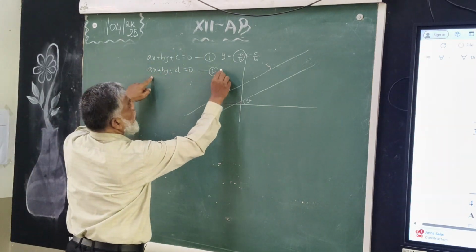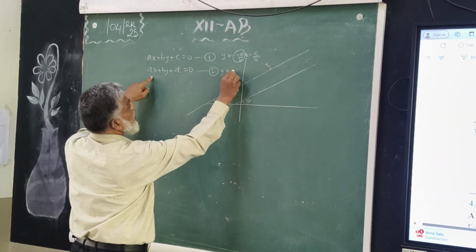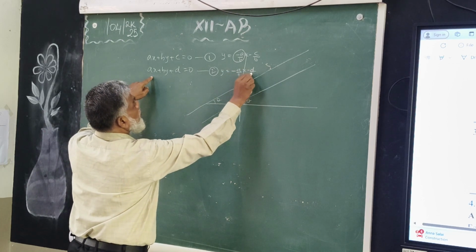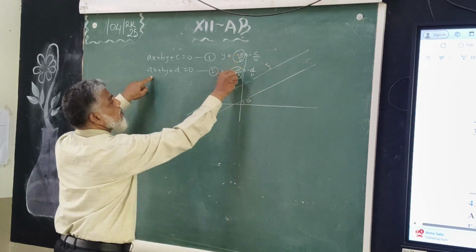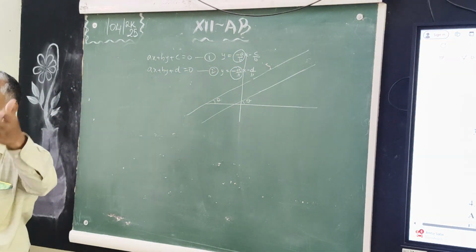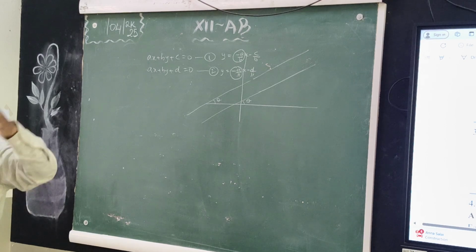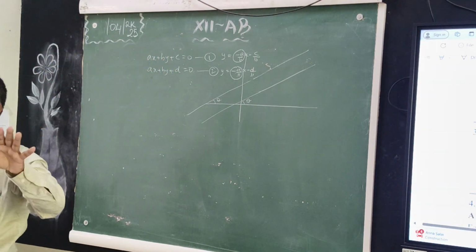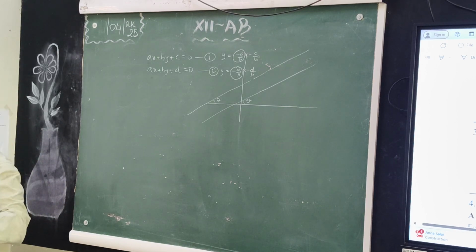For the second line, y equals minus ax minus d divided by b. So are they the same? Minus a by b, minus a by b. So whenever the ratio of the coefficient of x to the coefficient of y is equal, then the lines are parallel. That is, the two slopes are equal.